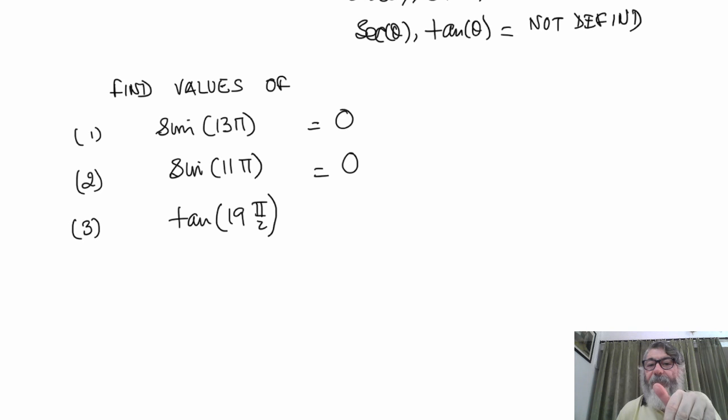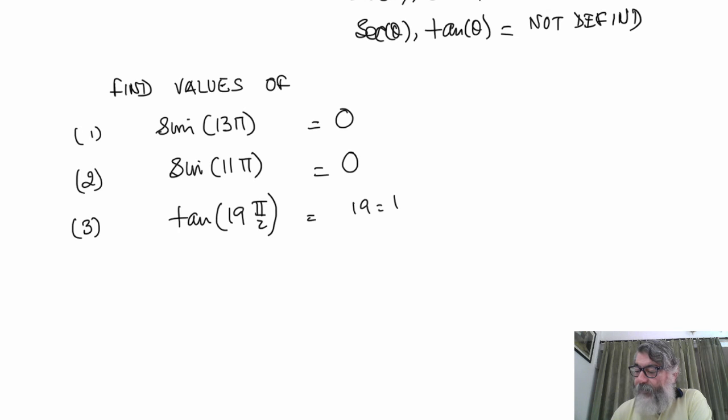So what will be the remainder? 19 is 16 plus 3. So it is a multiple of 4 leaving remainder 3, so it is going to fall along the downward y dash.